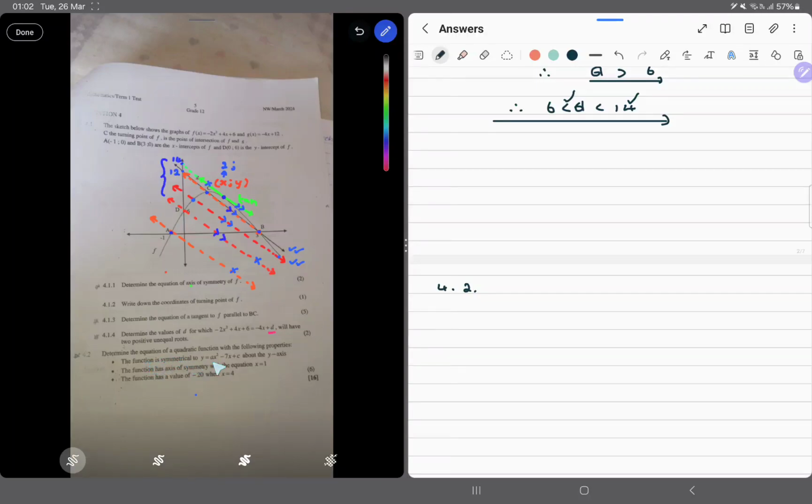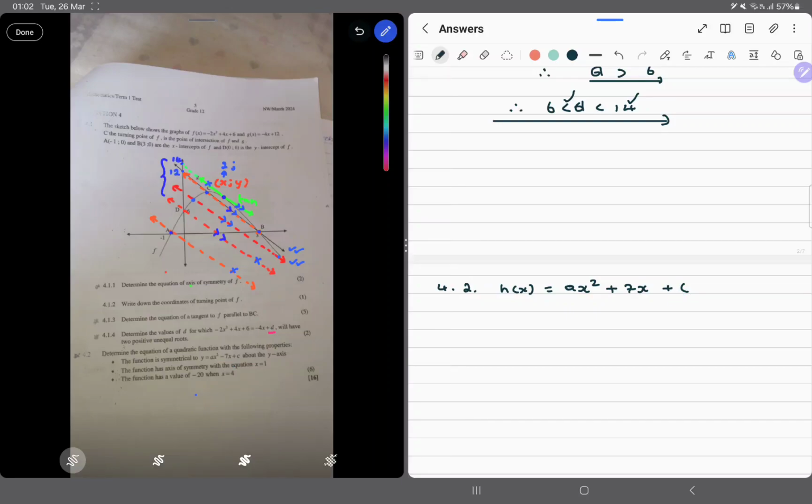If we are told this function is symmetrical to the function in question, we can say h of x is going to be, the first term is the same, ax squared. But what changes is this middle term, because we multiply the x terms by a negative. So here we do the same and we get that.